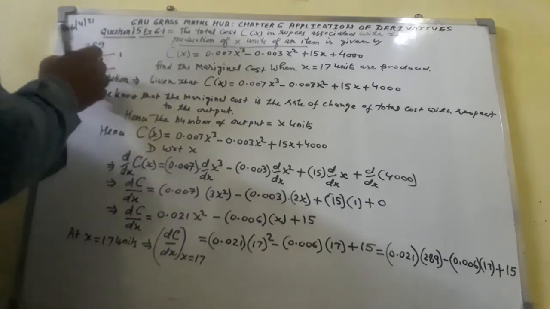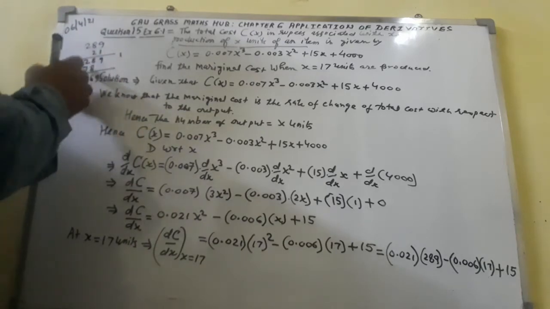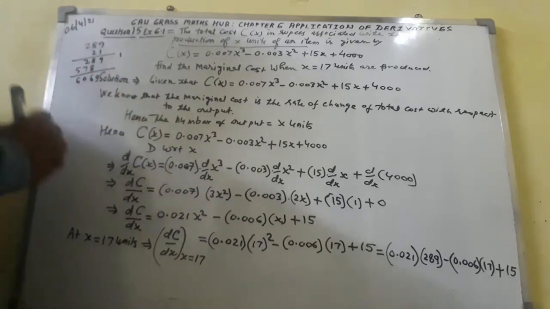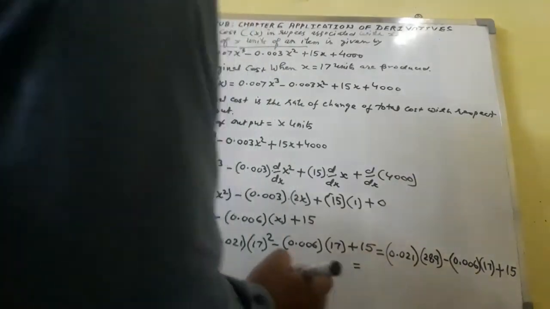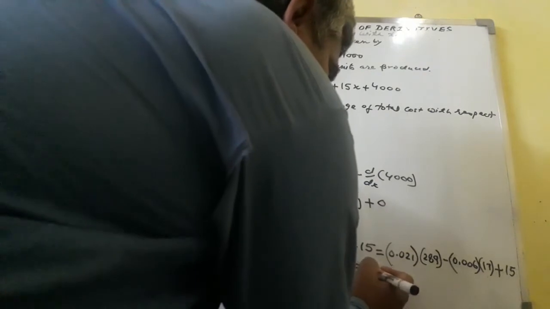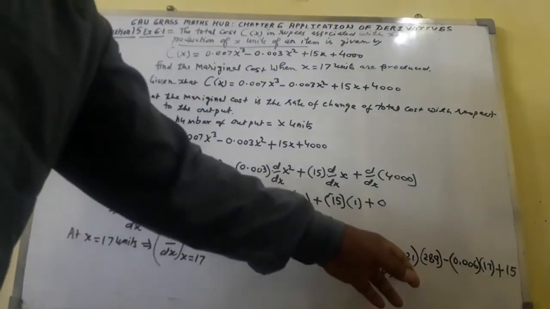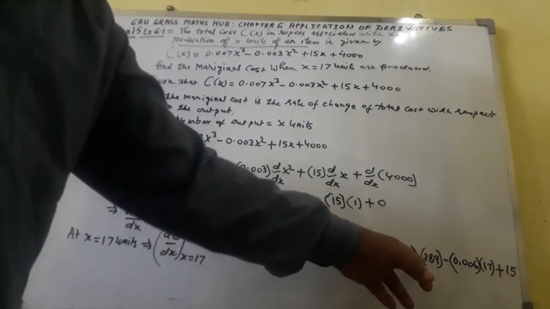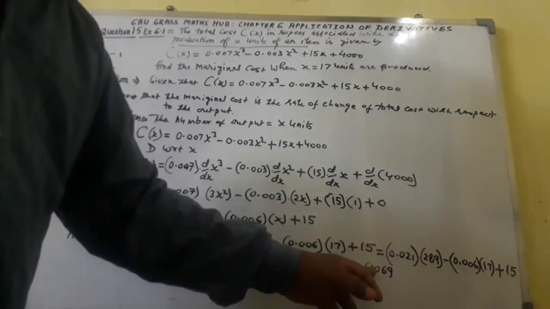Then 8, 9, 8 8s are 16, 1, 8, 0, 6. So we have got 6069. Here the decimal point will be written because after the decimal there are 3 digits, 1, 2, 3.